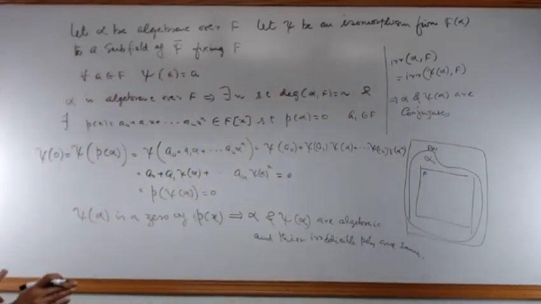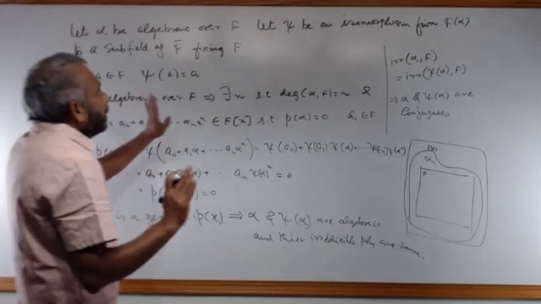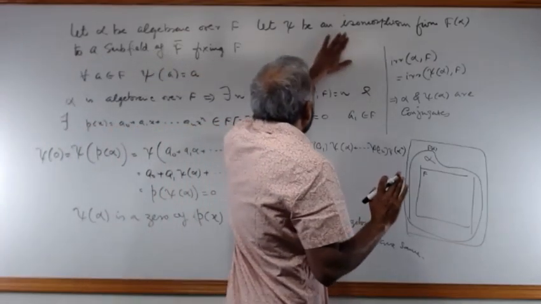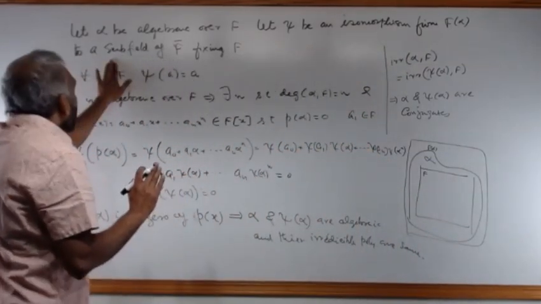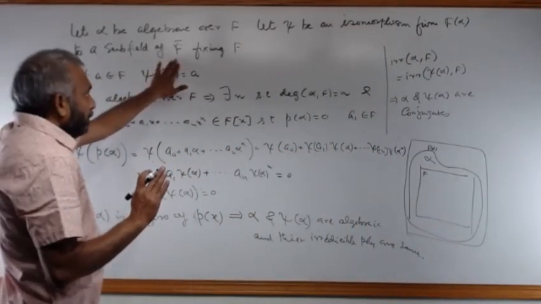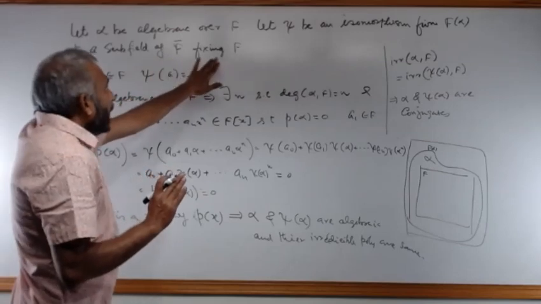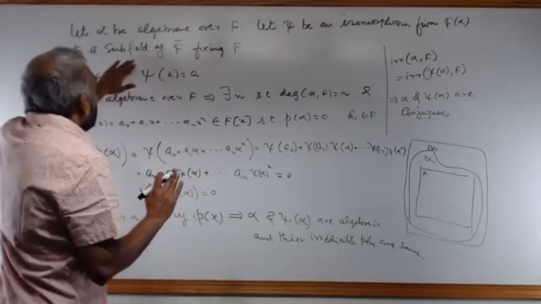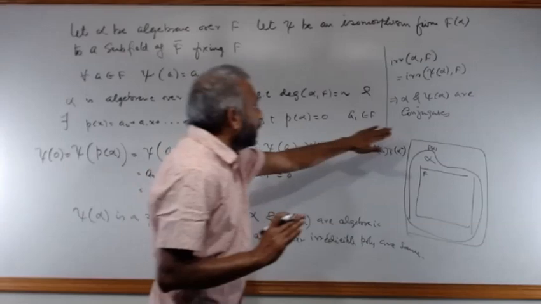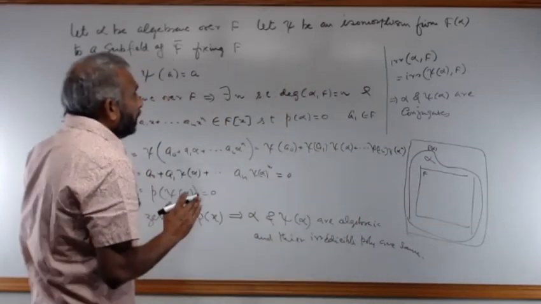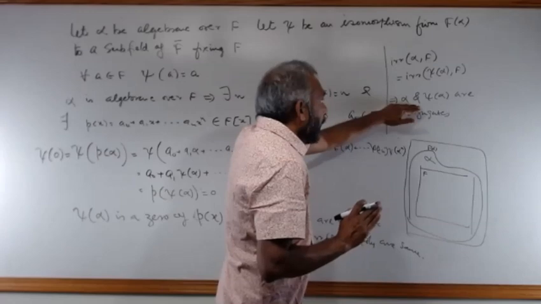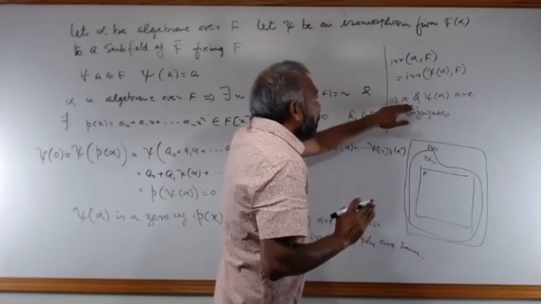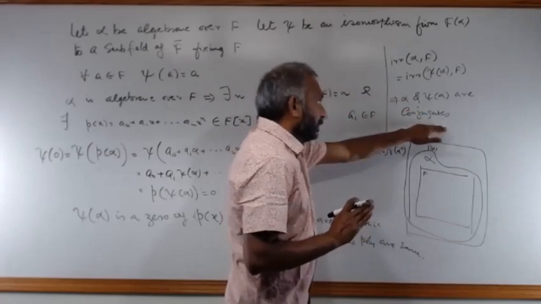So if you take an isomorphism from the simple extension to a subfield of F, fixing F, then that will become a conjugate isomorphism. Meaning it is going to map every algebraic element to its conjugate.